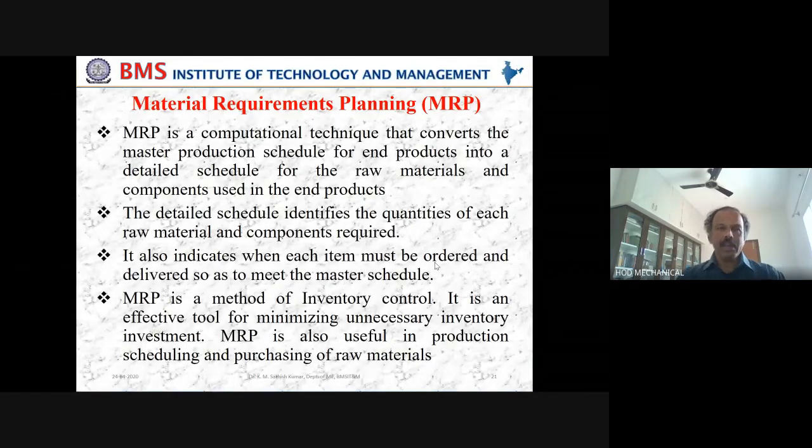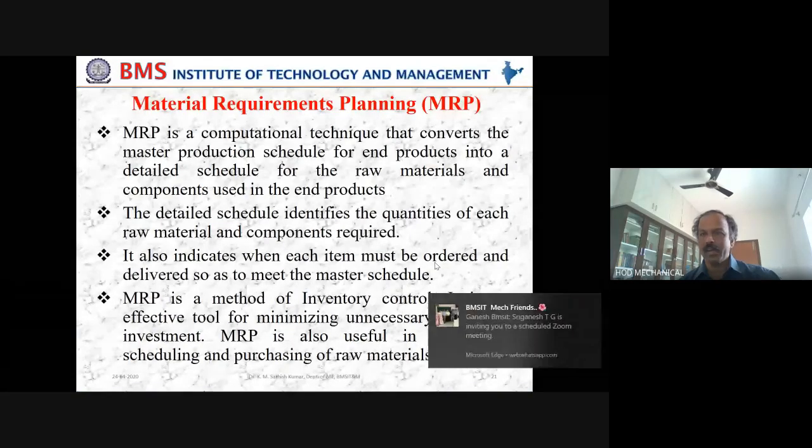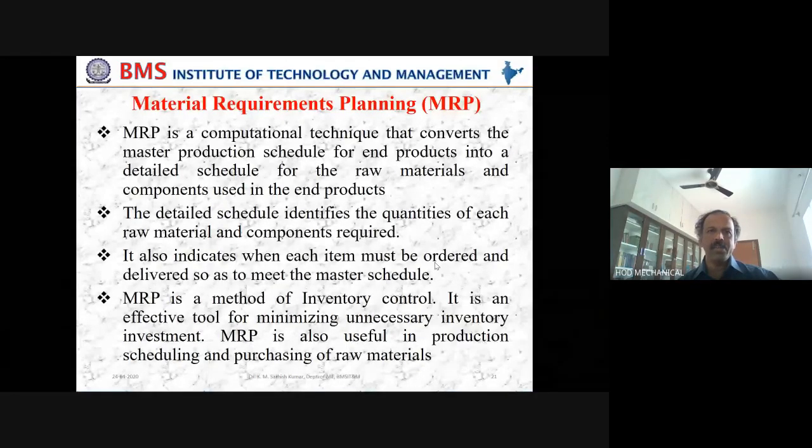So in case of material requirement planning, what is MRP? MRP is a computational technique that converts the master production schedule into a detailed schedule for the raw material. The MPS says how many products have to be produced, but only about the final product.